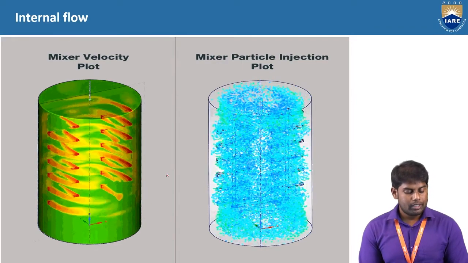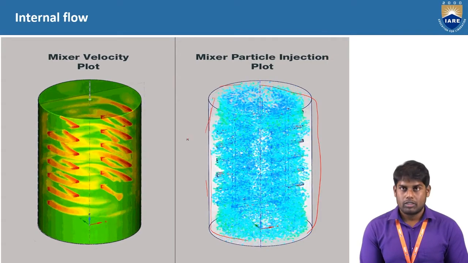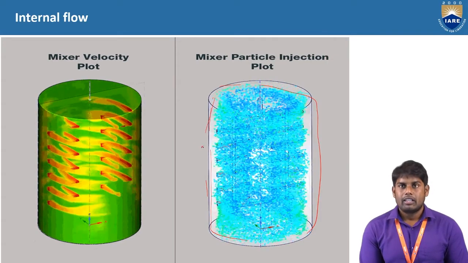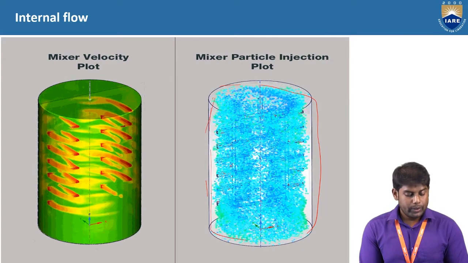In order to build this, let's say this domain you have, whatever the mixer length, height, and diameter, those things you have to first decide. Then you need to design the blade with its dimensions, and then you need to give appropriate boundary conditions to rotate this model.